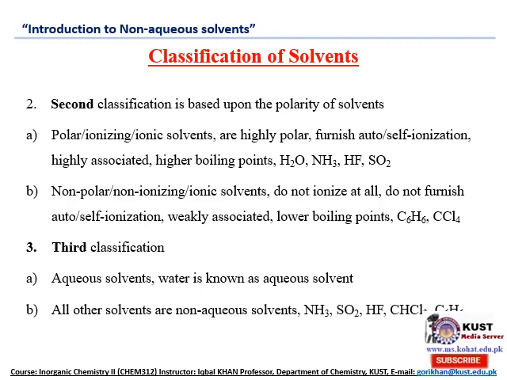Due to this autoionization of the solvent, the molecules are highly associated, hence they have higher boiling points, like examples are H2SO4, HF, SO2. Then we have nonpolar and non-ionizing solvents. They do not ionize at all, do not furnish auto or self-ionization, hence weakly associated due to nonpolar nature. So they have low boiling points, like benzene, carbon tetrachloride.